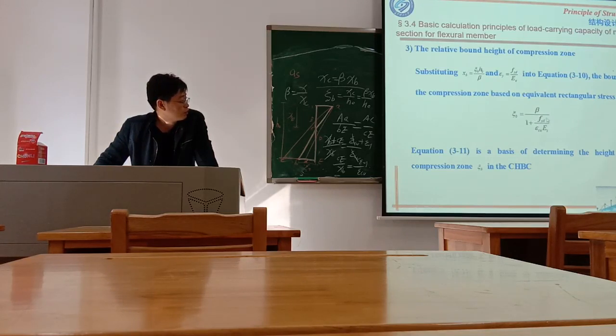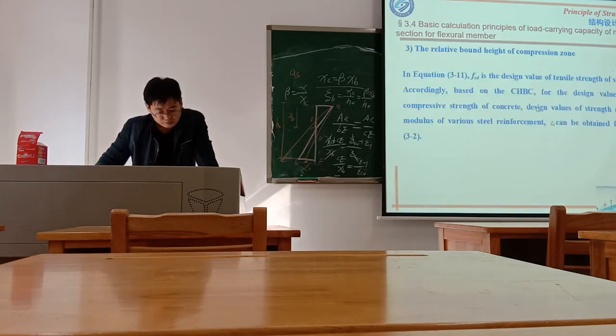Those things relate to the reinforcement, and epsilon CU relates to the concrete. Normally for epsilon CU we use 0.0035, and beta we can find from the code.